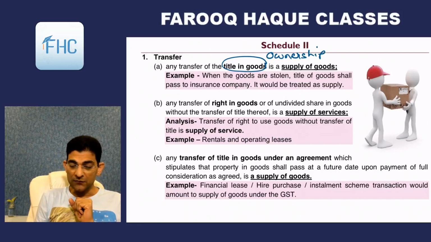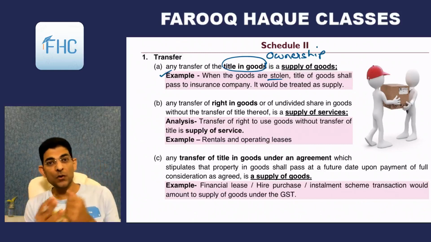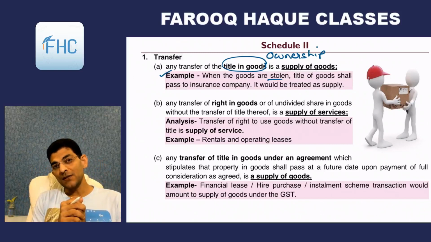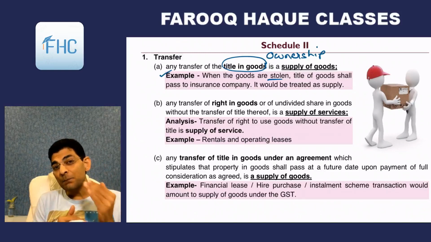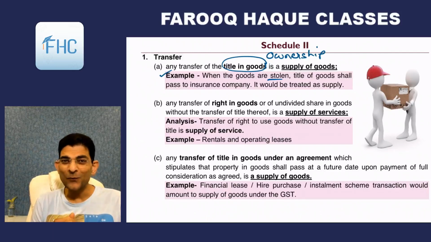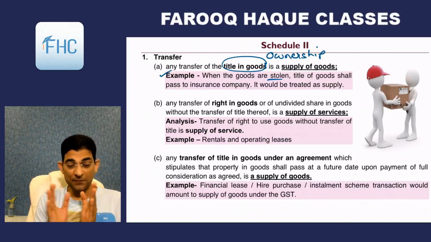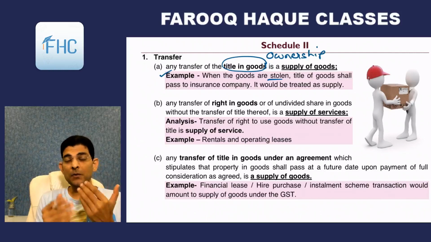So it says transfer of title in goods is supply of goods. But then there is a very interesting example given: when goods are stolen by someone, can you say that the title has passed on to the thief or the burglar? No, the title doesn't pass on to the burglar. So if the goods are stolen, then it cannot be considered supply of goods.